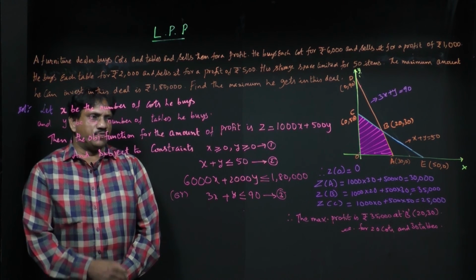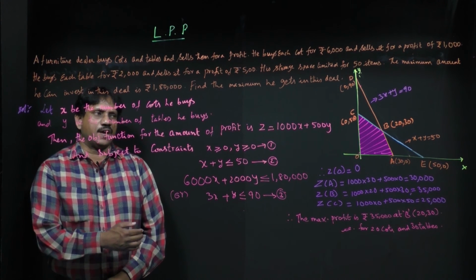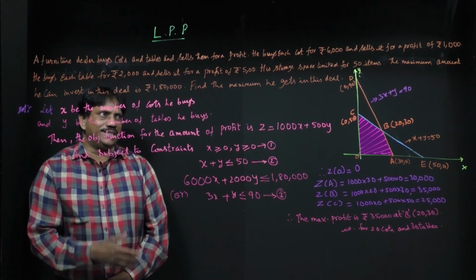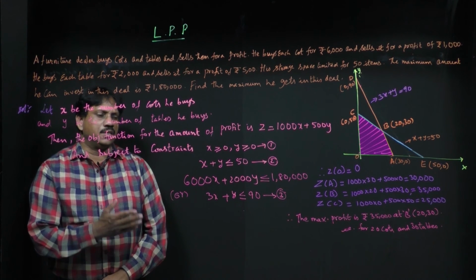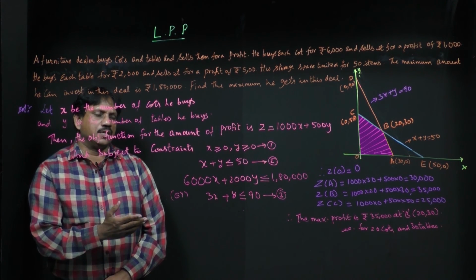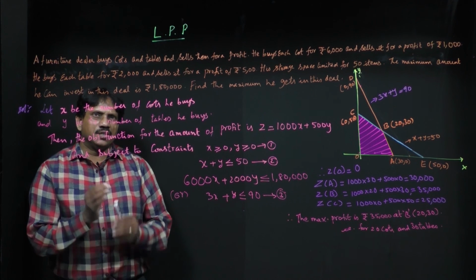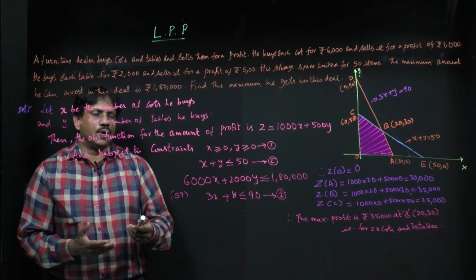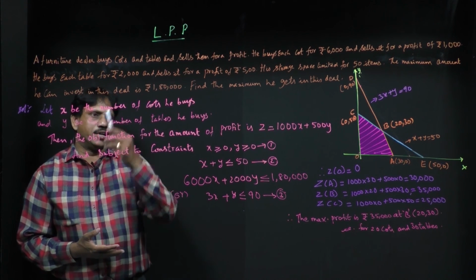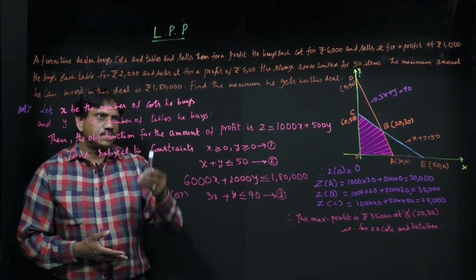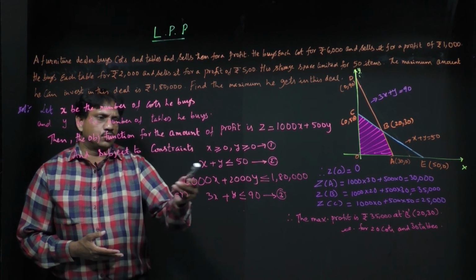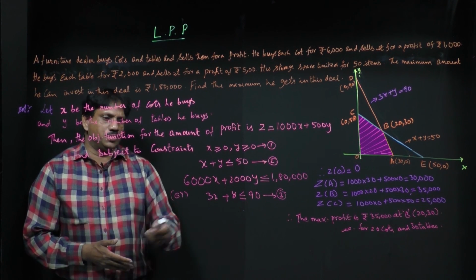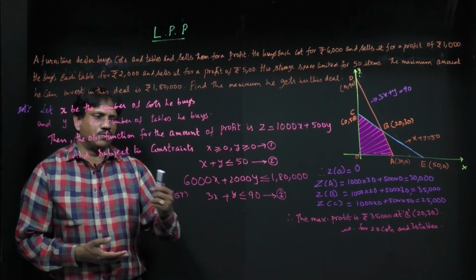The subject to constraints: there is limited space for 50 items, that is cots plus tables less than or equal to 50. And the maximum investment is 1,80,000, so number of cots into 6,000 plus number of tables into 2,000 should always be less than or equal to 1,80,000, which is nothing but 3x plus y less than or equal to 90.